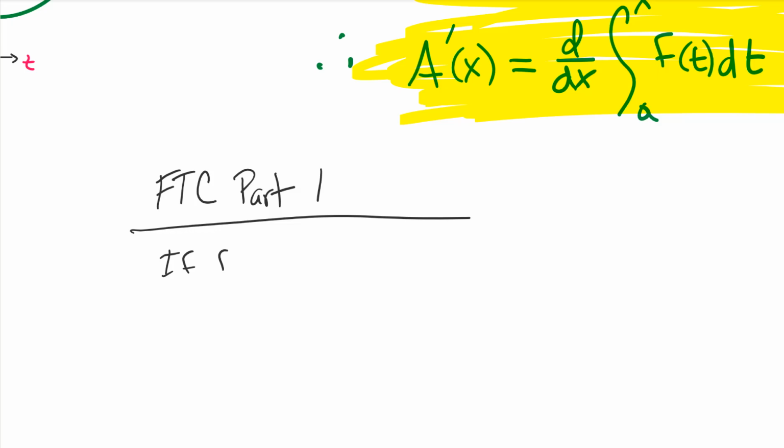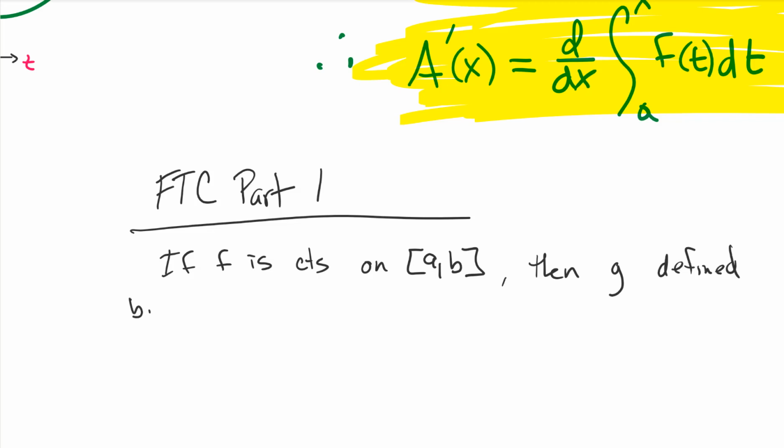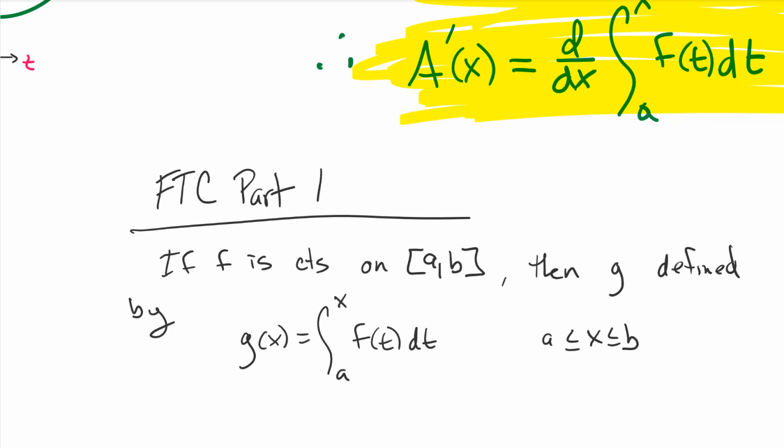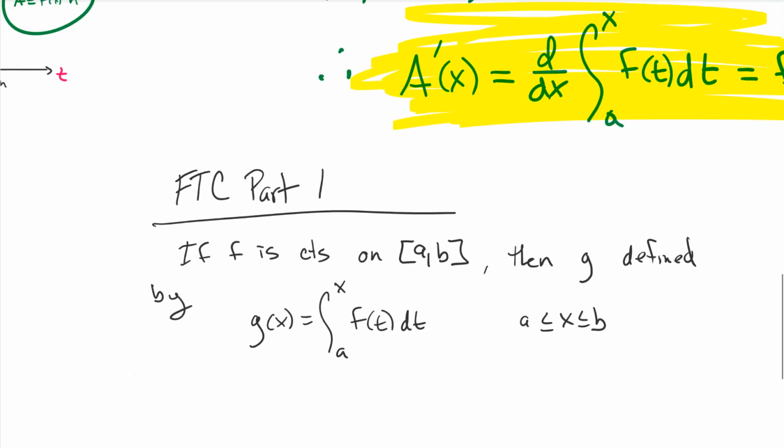If f is continuous on some closed interval from a to b, then g defined by g of x is equal to the integral from a to x of f of t dt. We're going to keep that x value in between a and b, like we had it.